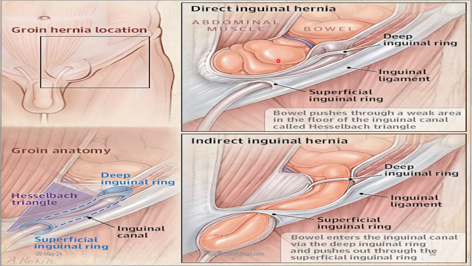If the herniation is lateral, that's an indirect. But also, in the indirect, in most cases, the structures are going to enter the scrotum in men and the labia in women. So the physical presentation can also guide you, in addition to this anatomical landmark.